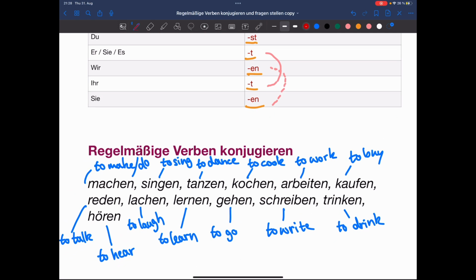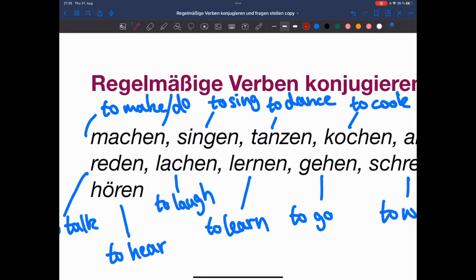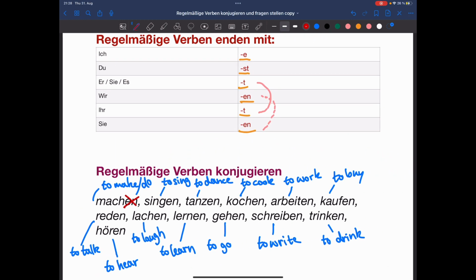Okay, now what is the verb stem of machen? That's correct. We just get rid of the en in the end and then we have mach. That's the verb stem. And after the verb stem, we just add the ending. Okay, what about singen? That's correct. We just cancel the en in the end and then we have sing. To show it a little bit nicer, so I'm not covering up the verb, I'm just going to underline the part which is the verb stem.